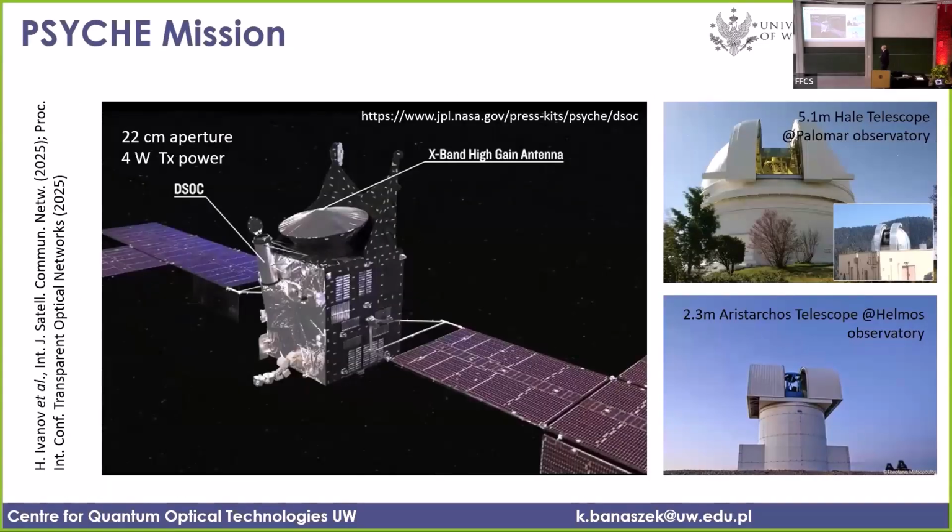If we want to do communication with very, very little noise and with very, very weak signals, since 2023 we have an opportunity to receive information from the Psyche mission that was launched that year. In addition to a regular large radio frequency antenna operating in the X-band, it was also equipped with a deep space optical communication terminal, which emits 4 watts of laser power at 1.5 micron in the standard telecom band, using a 22 centimeter aperture telescope.